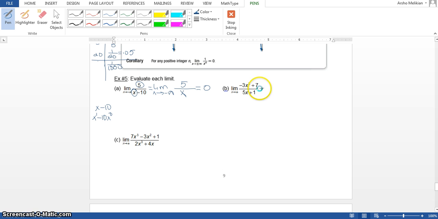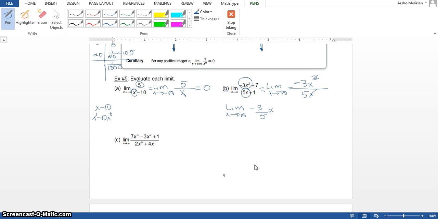Now in this case, this is the limit as x approaches infinity of the terms with the highest degree. So it's negative 3x squared over 5x. And now we're going to do some simplifying. This is the limit as x approaches infinity. The x will cancel with that x, so it's negative 3 over 5 times x, as x approaches infinity.